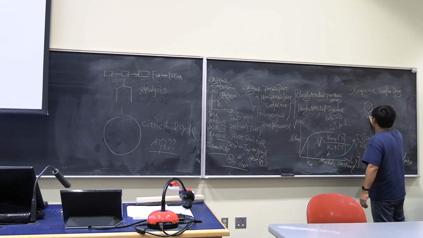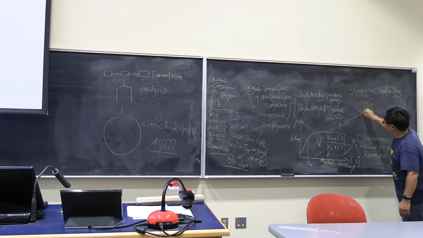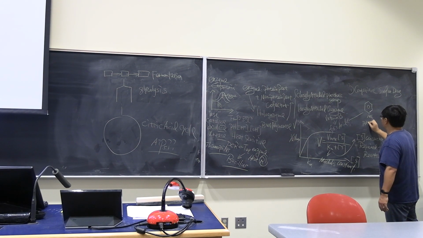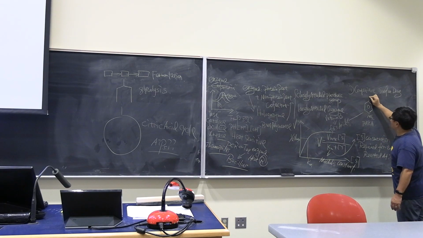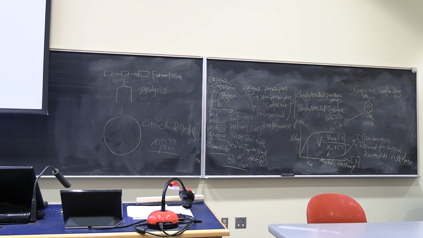Because we needed to create folic acid, and we need a precursor called PABA, para-aminobenzoic acid. What does it look like? That's para-aminobenzoic acid. And what does a sulfa drug look like? A sulfa drug looks very similar in structure, and sometimes it's even exactly the same.